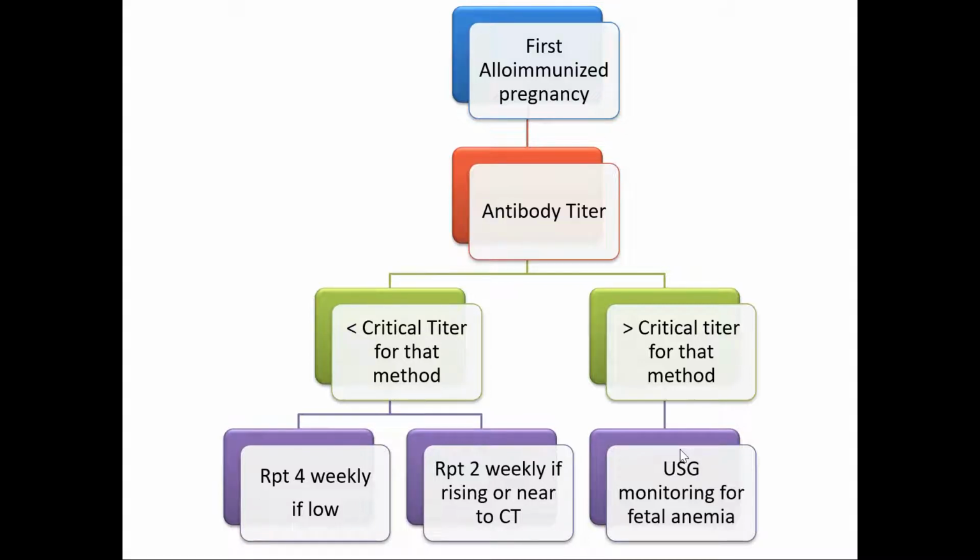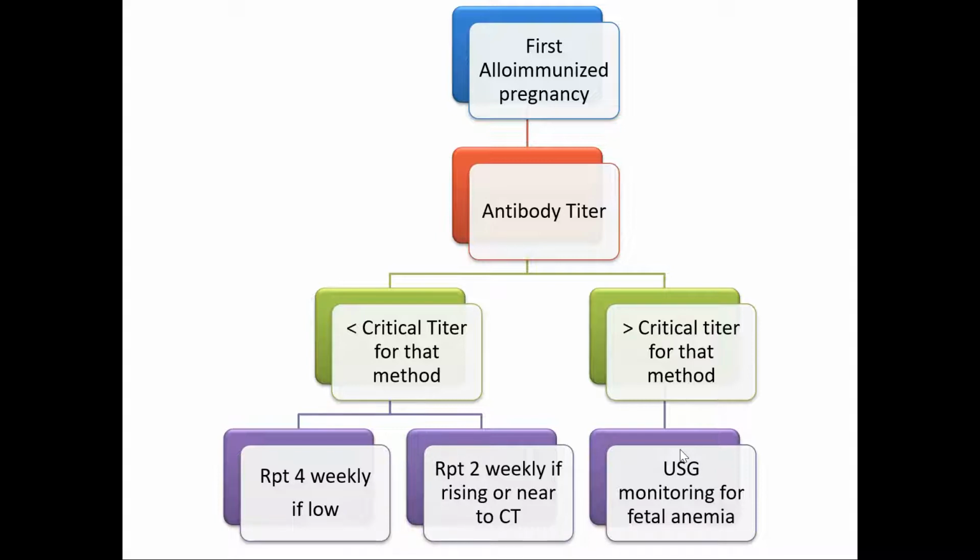Now, there are a lot of people, especially fetal medicine specialists, who would argue that if you come across a lady who is alloimmunized and the ICT is positive, then there is, however small, a definitive risk of the fetus being affected. So why don't you just skip all these steps in between?